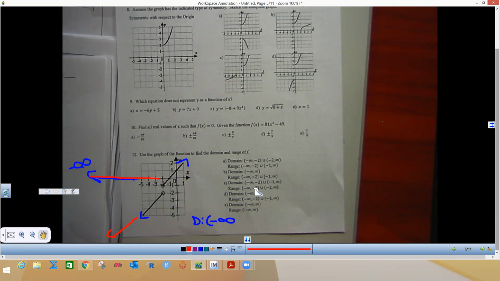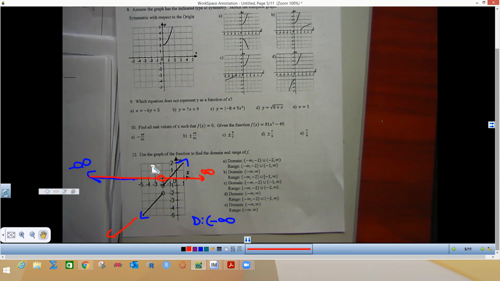So the question I have to ask is, are either one of those dots filled in? And the answer is no, they're both open, which means that value doesn't work. So that value right there at -2 doesn't work. And then the graph goes this way all the way to infinity. So the only value that is not on this line is right here where it's got open circles at -2.